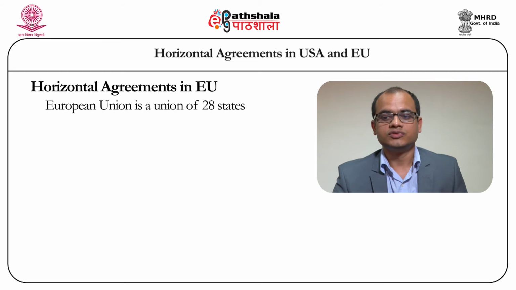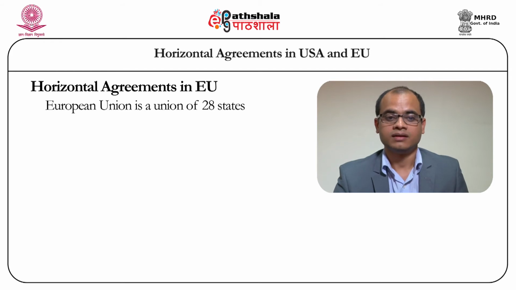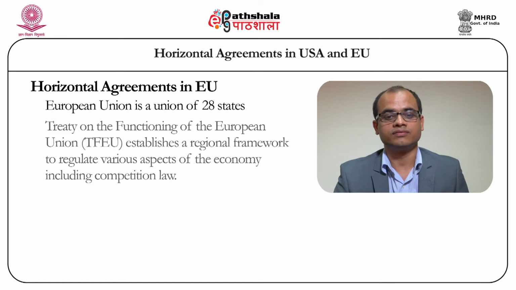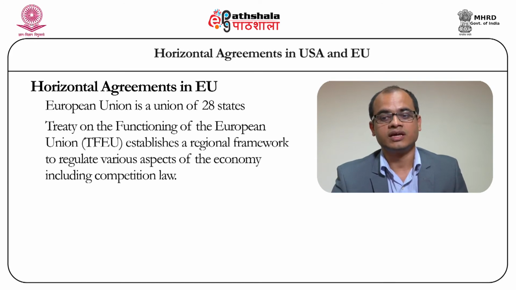The competition provisions of the EU were earlier established in the Treaty of Rome, which entered into force in 1958. The current regulation, which lays down rules implementing the provisions for the current treaty, is the Treaty on the Functioning of the European Union, also called the Treaty of Lisbon, which entered into force in 2009.